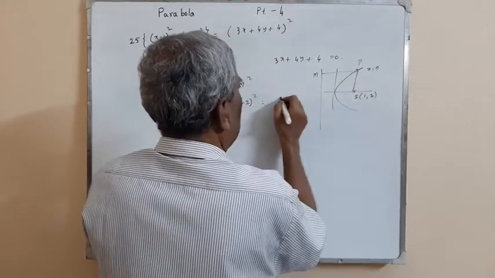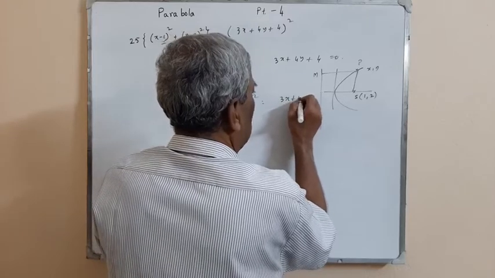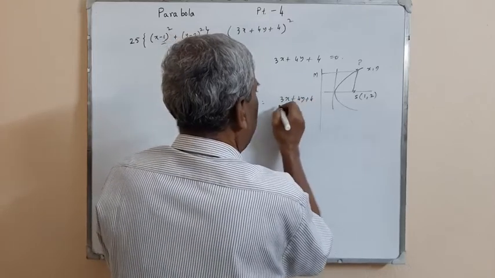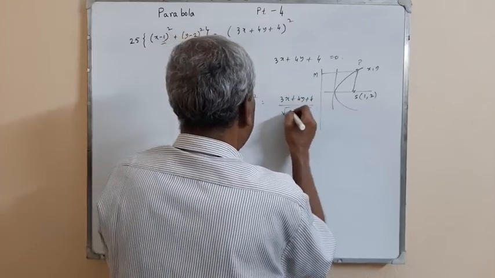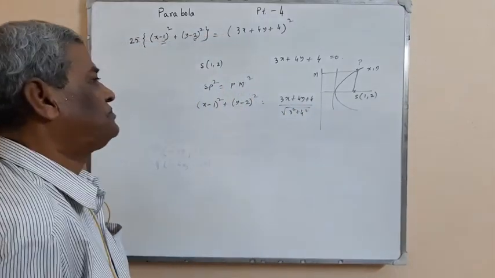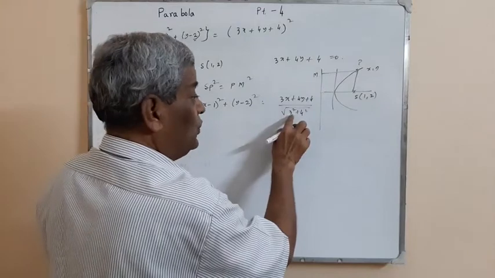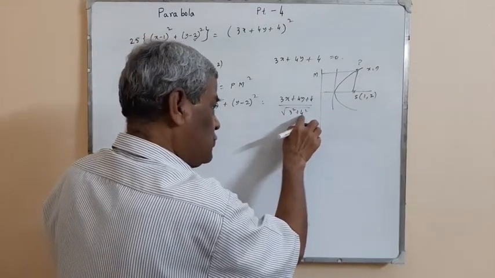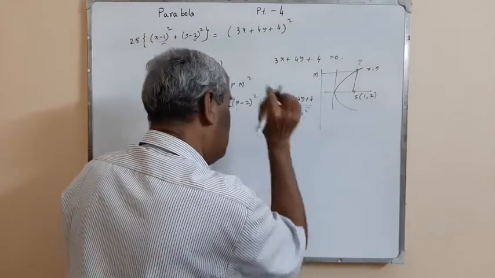It is equal to (3x plus 4y plus 4) divided by root over 3 square plus 4 square, that is root over 9 plus 16, root over 25, that is 5.